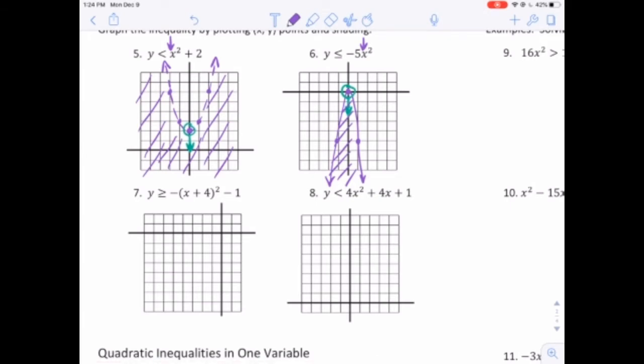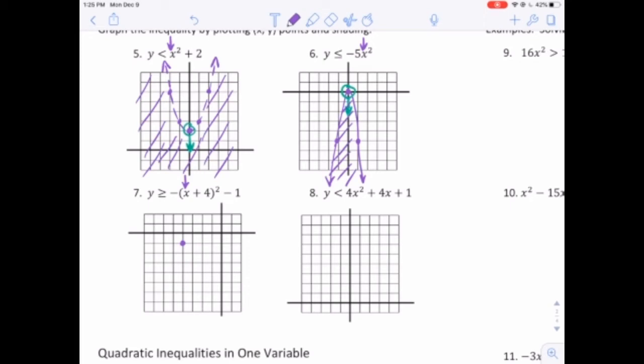All right, on this third one, I'm going to plug in some values for x and see what my y is, just like I've been doing. The very first thing that I'm going to do is plot the vertex, and I know that my vertex is at negative 4, negative 1. I can tell that because this is in vertex form. I apologize, I misspoke earlier.